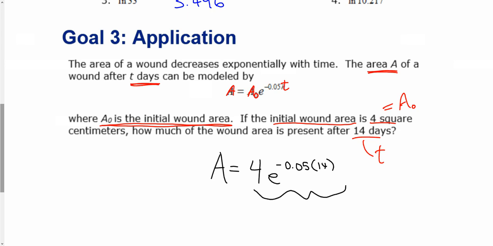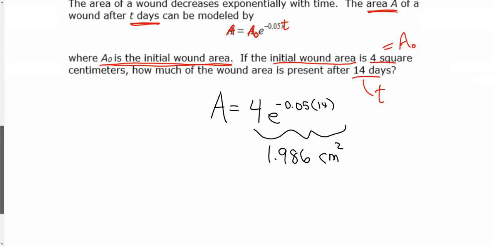Just put the whole thing in the calculator exactly how it looks. So I think that's what it ends up being, hopefully.